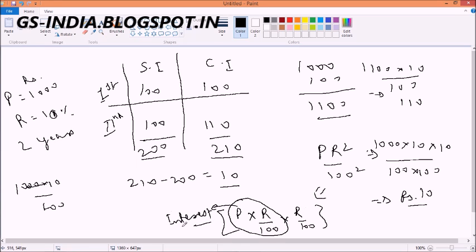So this quantity interest is R percent of P, and into R by 100 means R percent of interest. So basically, the difference of SI and CI of 2 years is R percent of the interest again. That is, we calculate R percent 2 times for the principal, and then we get the respective difference between SI and CI for 2 years. This is the concept. I hope you are getting it.